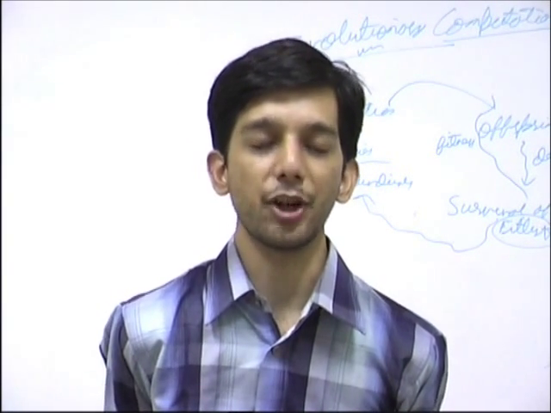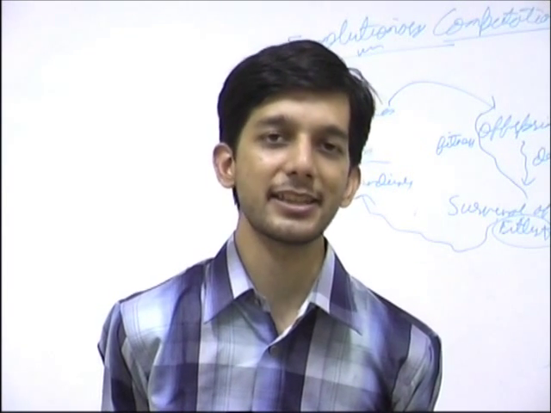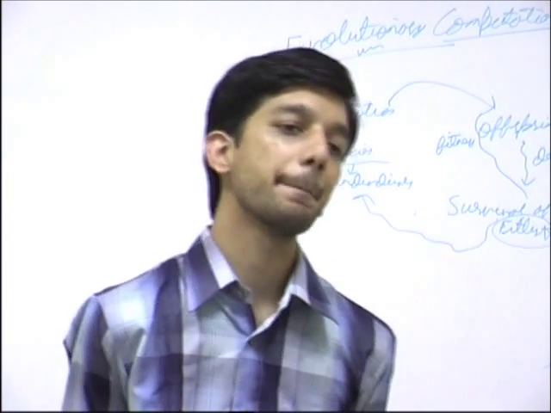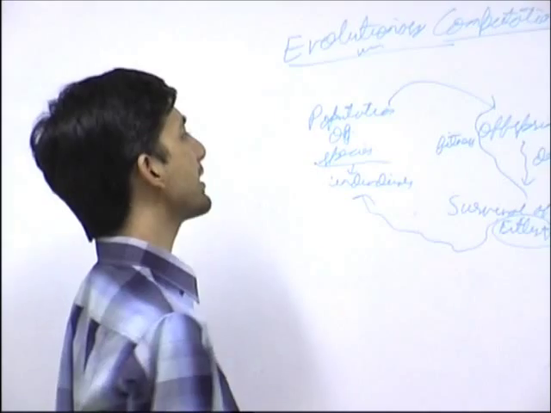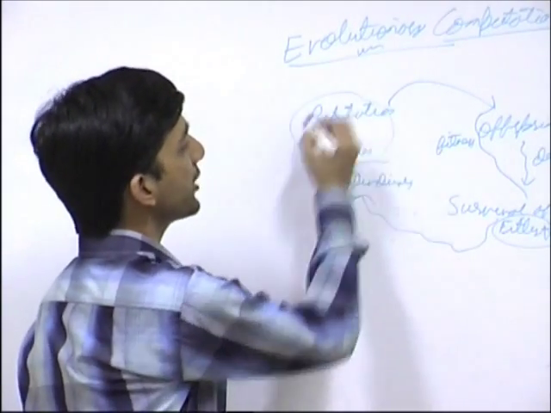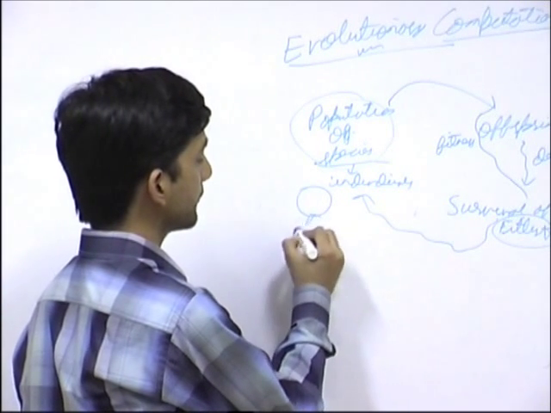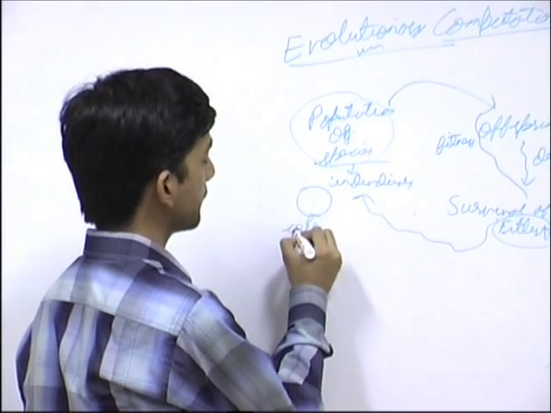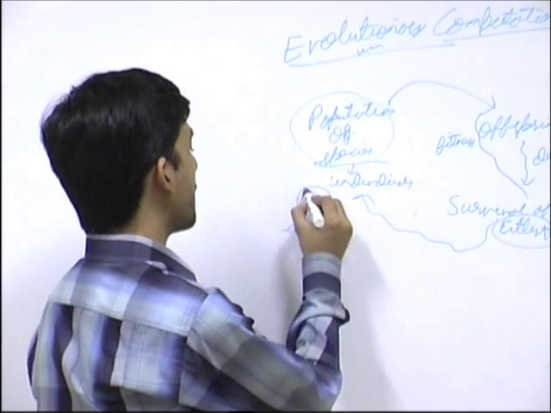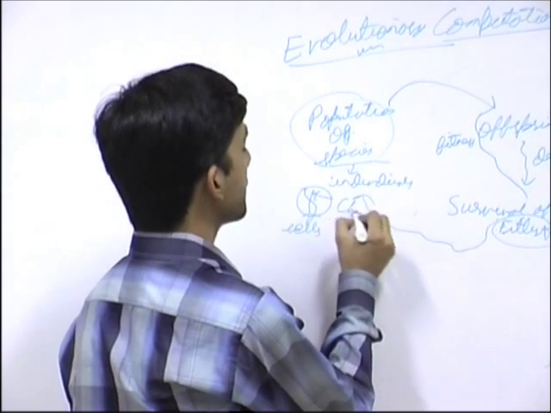Sometimes what happens is that there is an error which leads to many new characteristics being formed in the individuals. So what basically happens is that a population and a species ultimately comprises cells. Cells are made up of a number of chromosomes.